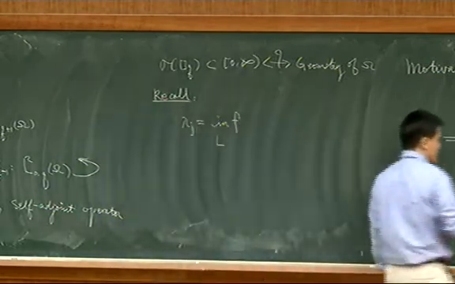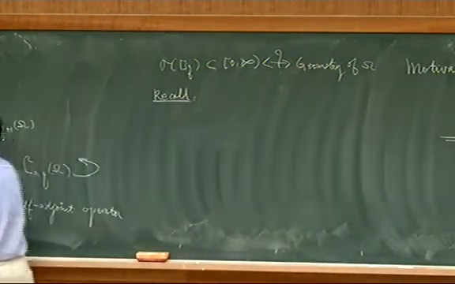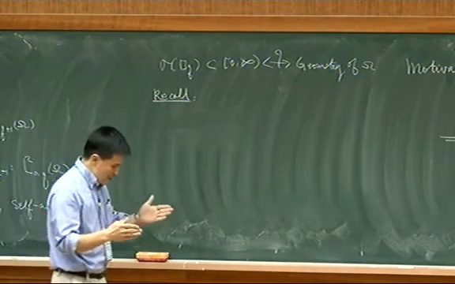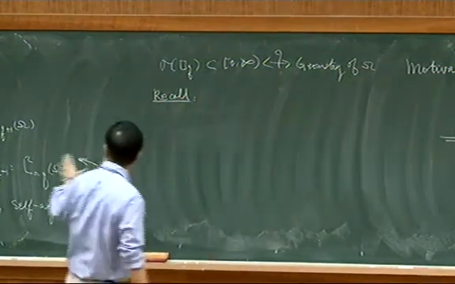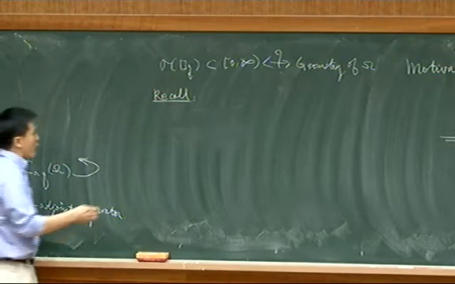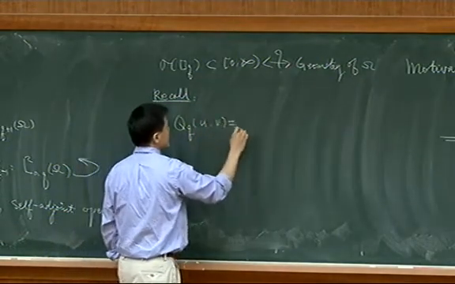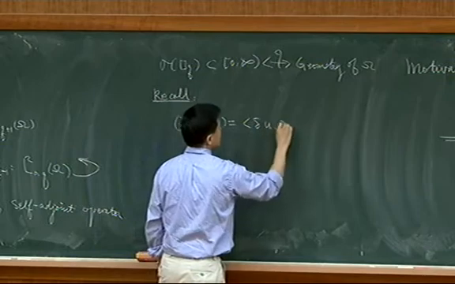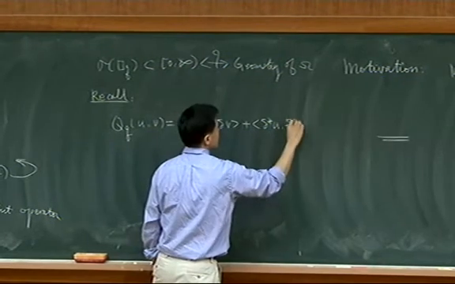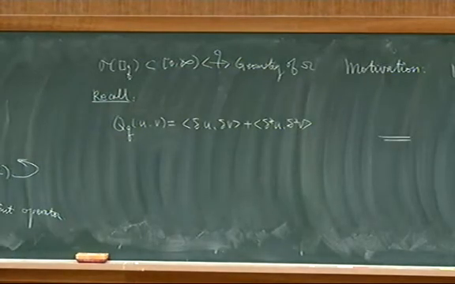Okay, before I do that, let me say that in starting this spectral theory, one of the ideas was that instead of looking at the second order differential operator, we look at the quadratic form. So we look at Q(u,v), which is defined by the inner product of dbar u and dbar v. It's just the quadratic form or the Dirichlet form associated with the dbar-Neumann Laplacian.